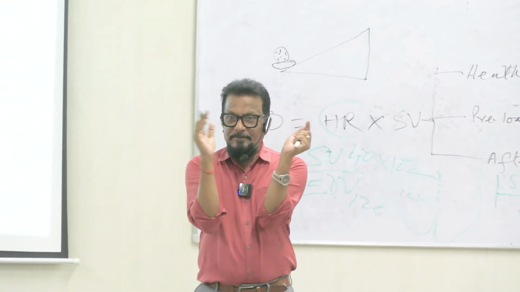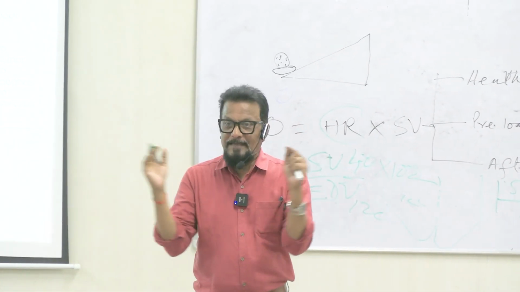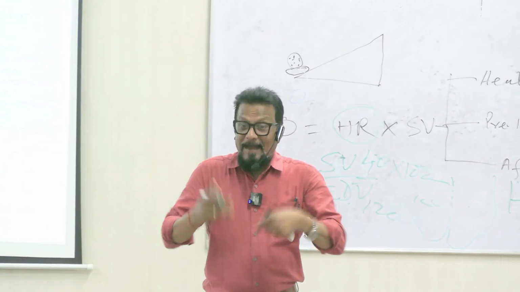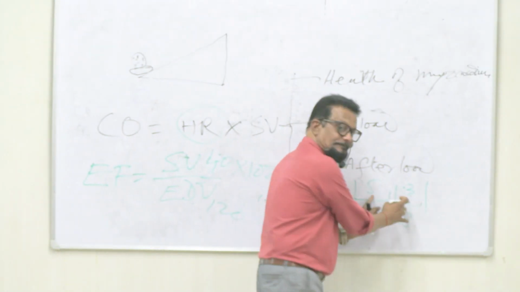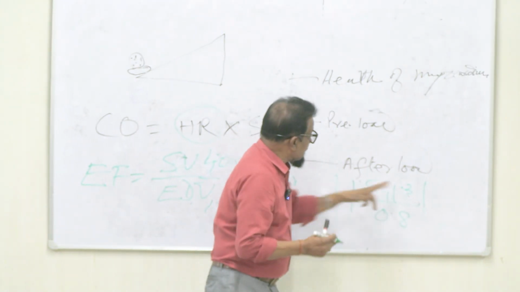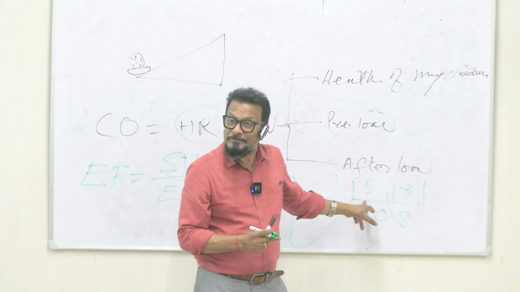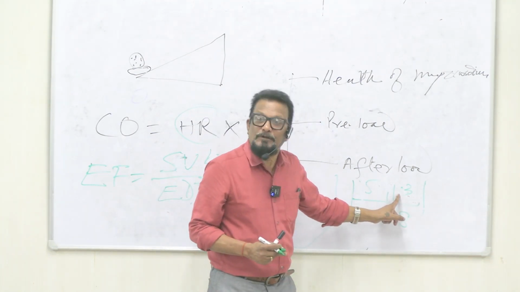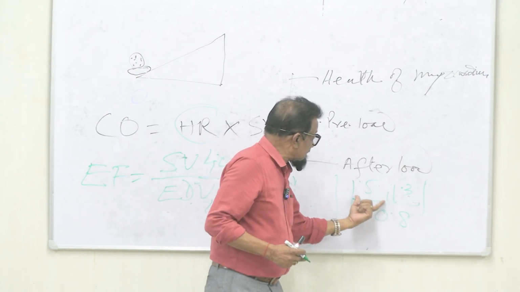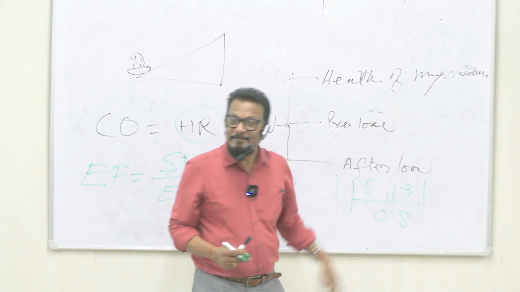So diastolic time is 0.5 second, systolic time is 0.3 second. When heart rate is increased, this will be shortened. Both are reduced, but the problem is that systole is not reduced so much. Maximal reduction happens in diastole.